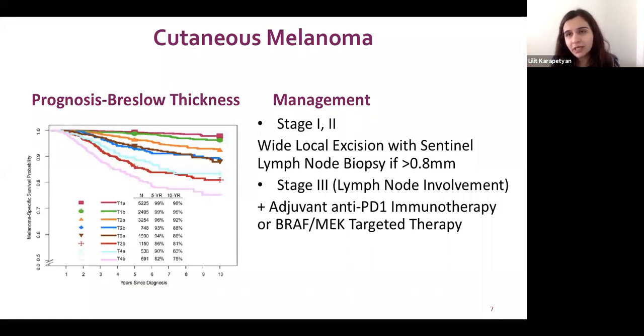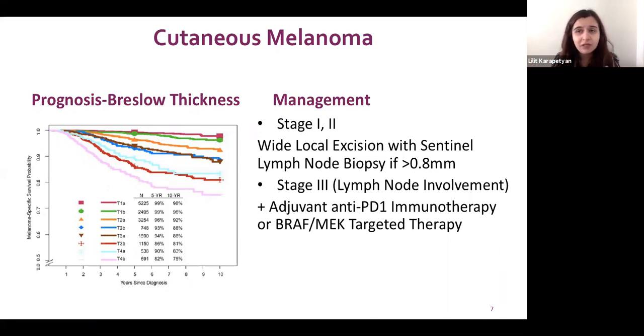For melanomas which have a thickness of 0.8 millimeter and more, you will need to do a sentinel lymph node biopsy. With sentinel lymph node biopsy, you have a dye which goes from that melanoma to the lymph node. Then you take out that lymph node and look under the microscope.